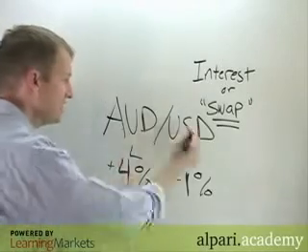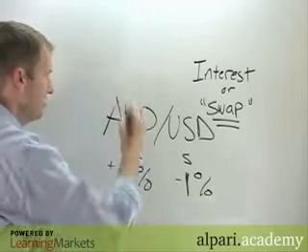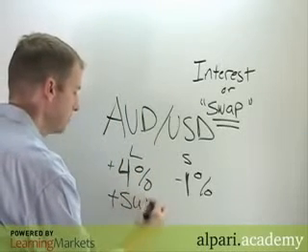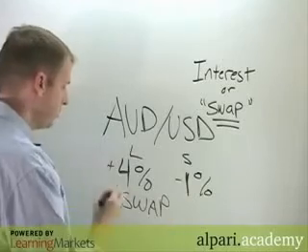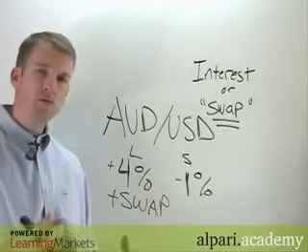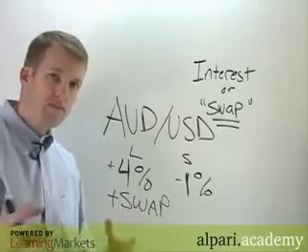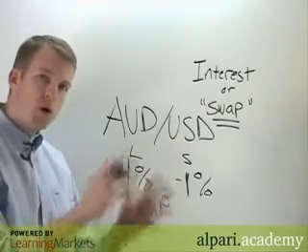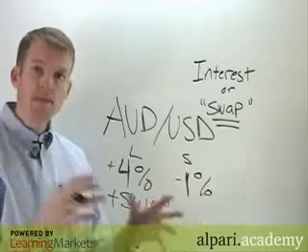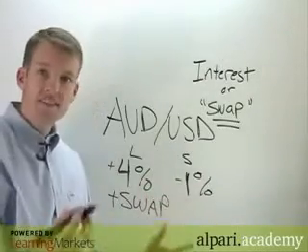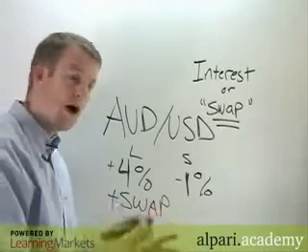If you're long the Aussie dollar exchange rate, then you get paid a small premium, so you get paid swap. Now, in this case, if you're long, I think right now the swap rate is just under 1 pip per lot. So if you owned a full-size lot, that means you're being paid about $9.50 a day in swap.